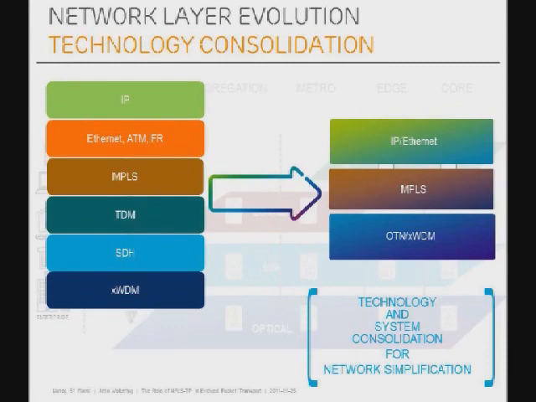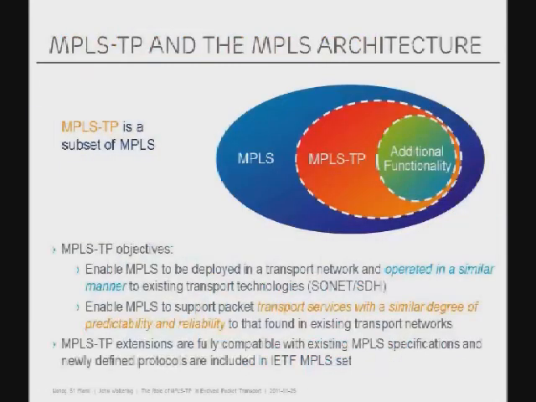And then finally, IP and Ethernet packets will be routed over that. Where those different layers are consolidated, the same consolidation will typically take place from a product or system point of view. Where before we had multiple different products for these different layers, they will be consolidated into a single infrastructure, single systems.